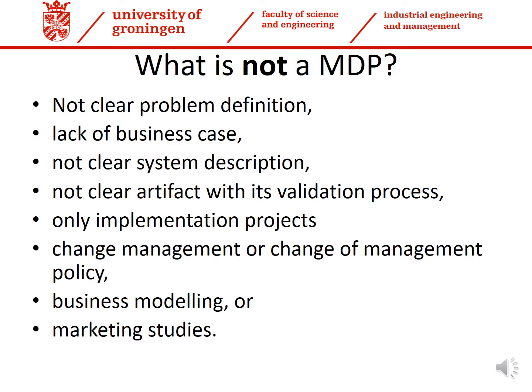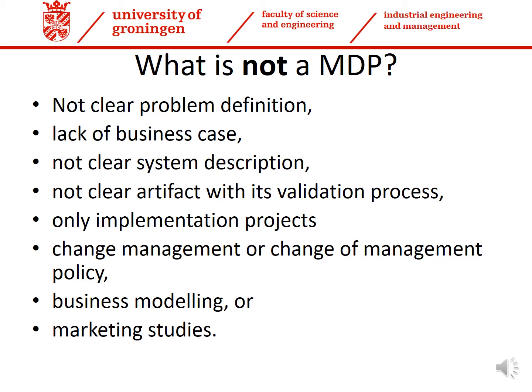So what is not actually a good master design project? When there is actually no clear problem definition. And this is one of the main issues we always address at the very beginning. Of course, there are talks that you have with your potential first supervisors in the industry.